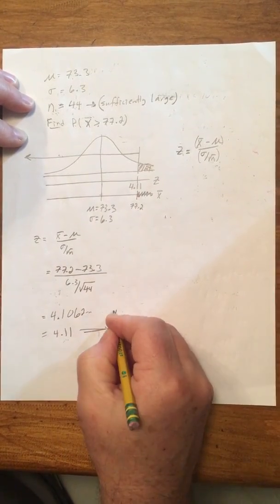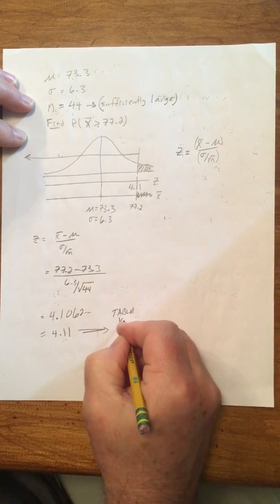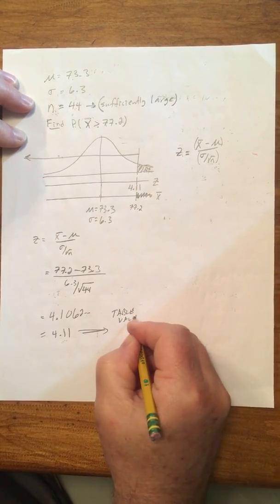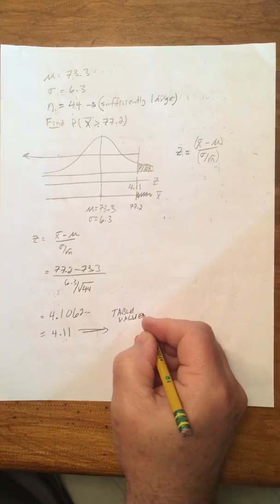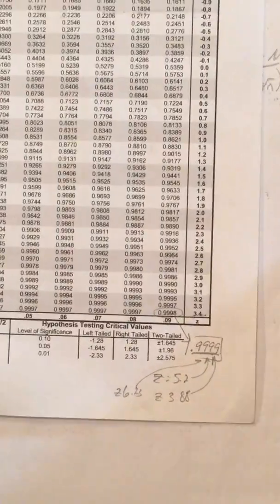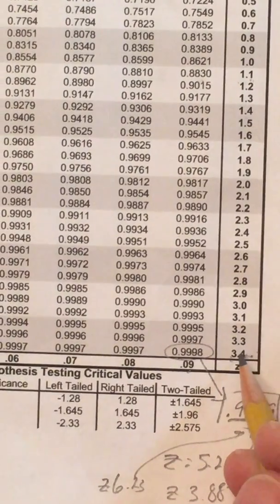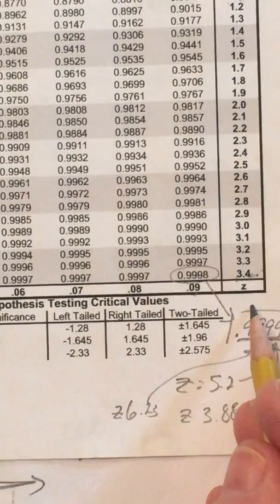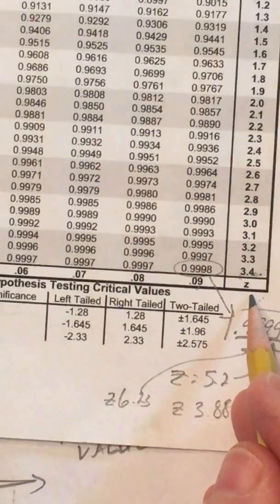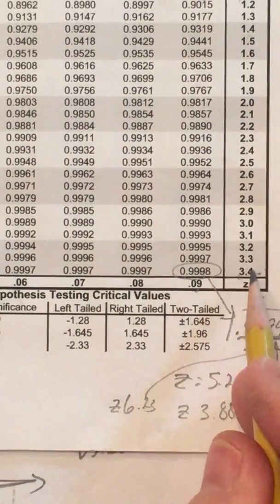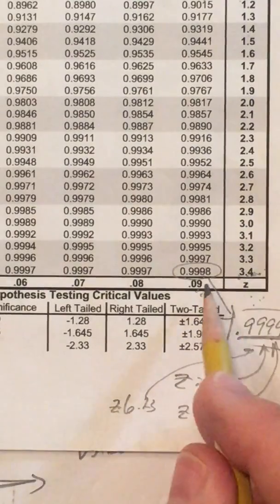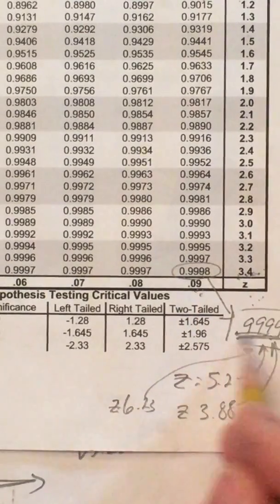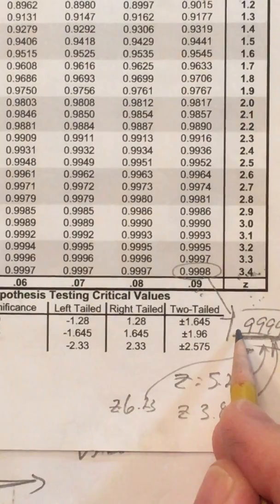From that, we find the table value in our table. But as we saw in the previous example, our z-score of 4.11 is beyond what this table will afford. And our rule is anything beyond the 3.49 limit, we will use a table value of 0.9999.